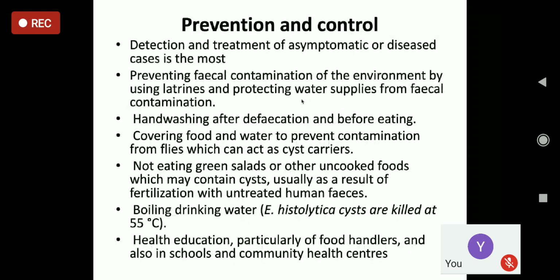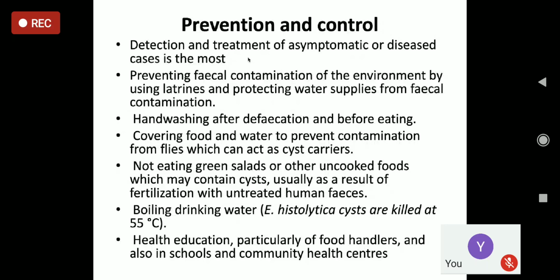So the main preventive measure is early identification and treatment of the asymptomatic as well as the diseased person, and proper disposal of their fecal material.